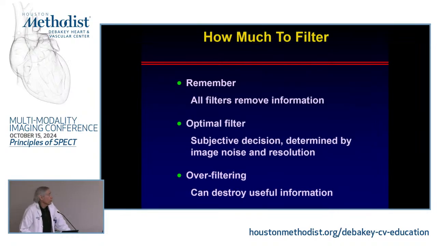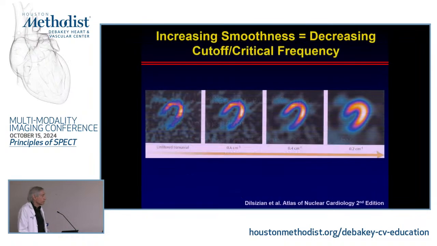So it always gets back again to how much do you filter, and it's just important to remember that all filters remove information. The optimal filter is always subjective. It's determined by the amount of photons that you actually accept within an image, which can lead to more or less noise, and the resolution of the system. But over-filtering really leaves you with no useful information.